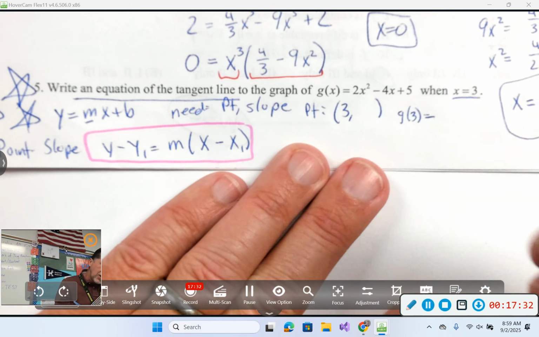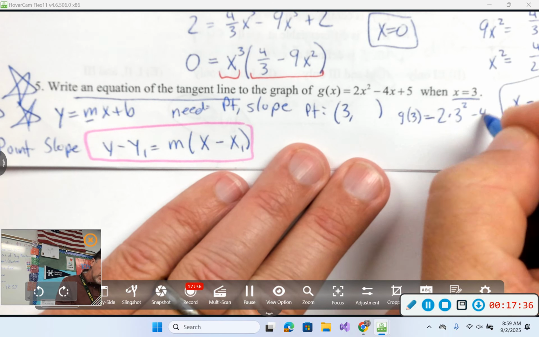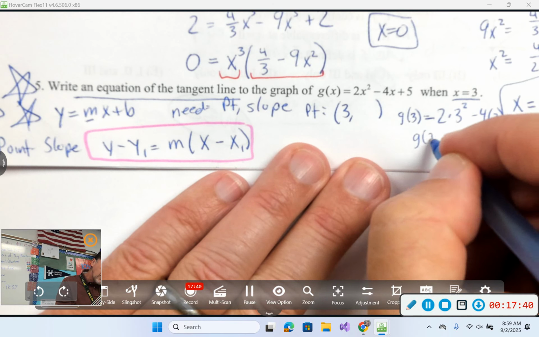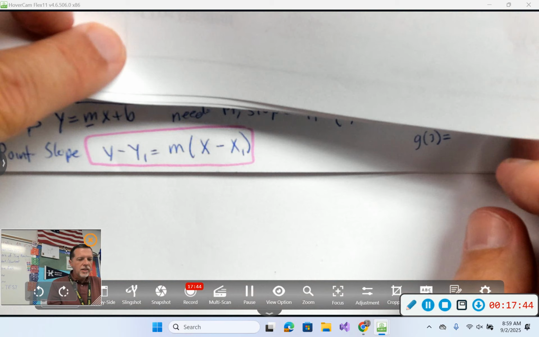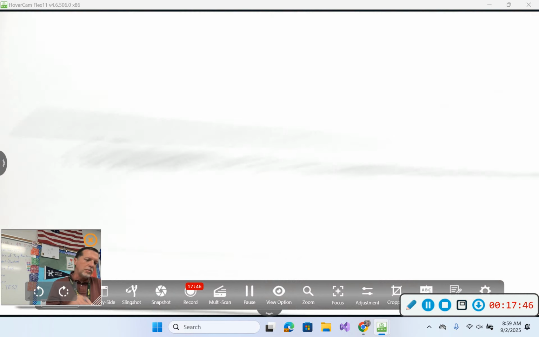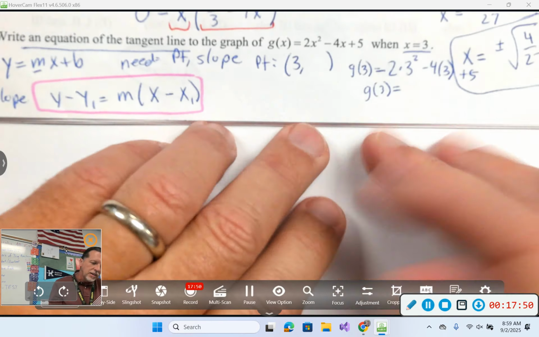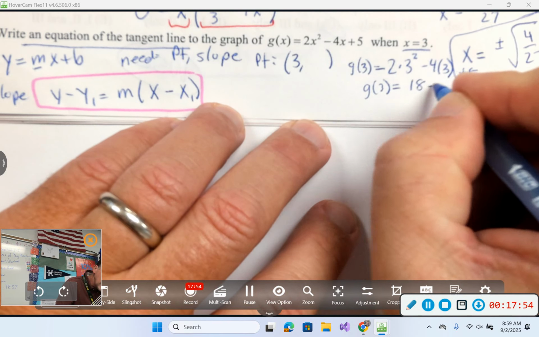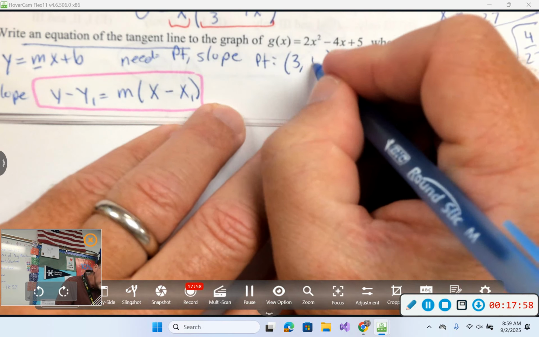Just plug in 3. 2 times 3 squared minus 4 times 3 plus 5. Really should have given us more room. Oh, this probably should have been a printer error. Oh well. Let's see. 2 times 9 is 18. Minus 12 plus 5. 6 plus 5 is 11.